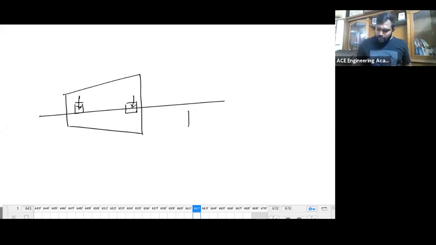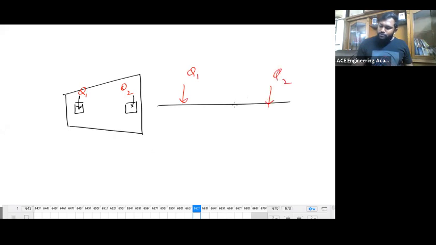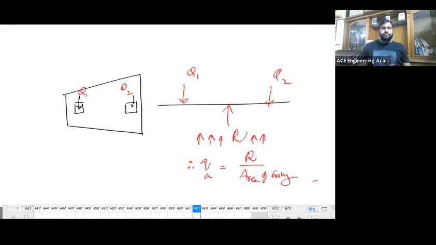See, I'll write this one in this fashion. You please observe. Q1, Q2. For this Q1 and for this Q2, I'll find out the reaction. And whatever the ultimate bearing capacity or allowable bearing pressure for the soil is nothing but reaction by area of footing. That's it. See, what is allowable bearing pressure?